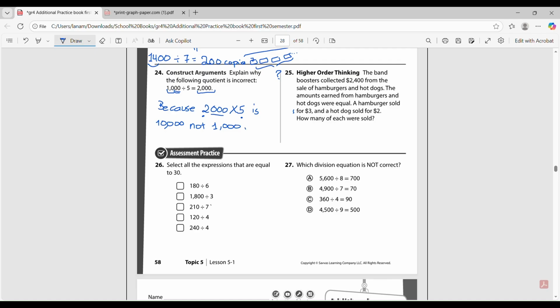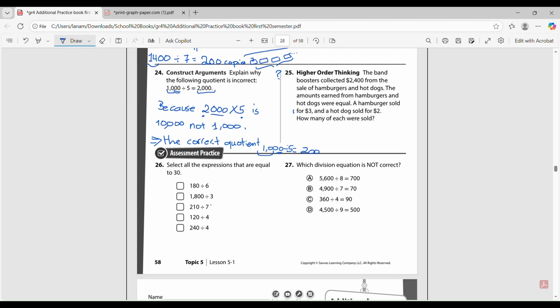The correct quotient should be what? 1,000 divided by 5 equals, I will look at the 10, 10 divided by 5 is 2, we still have 2 zeros that I will move here.